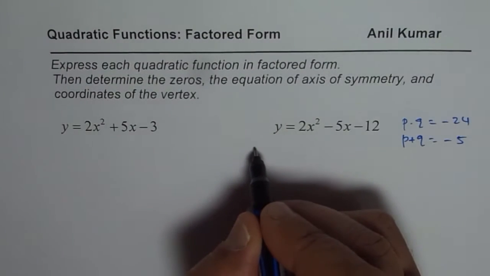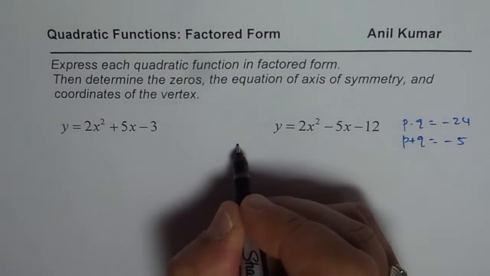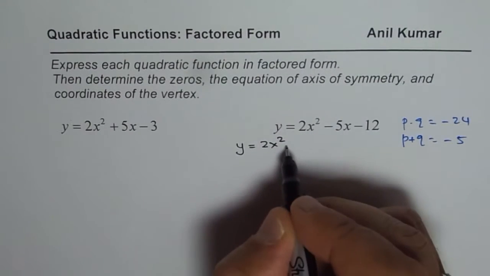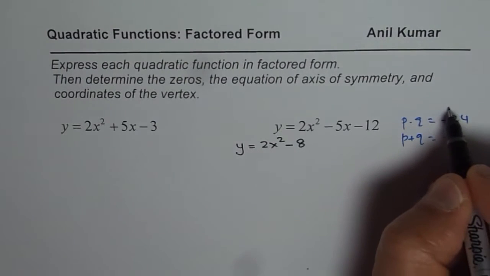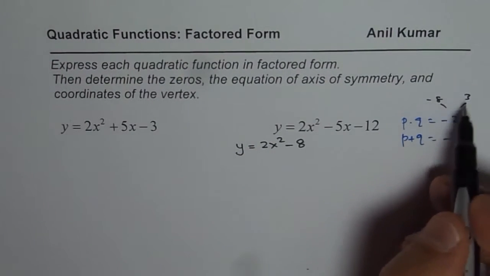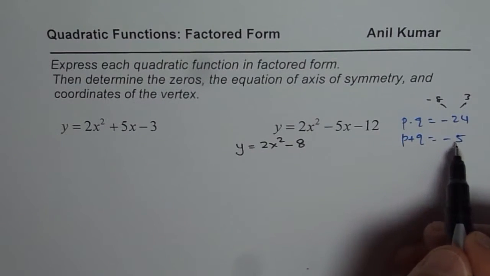So we could write this equation as y equals 2x squared, and instead of minus 5x, we'll write minus 8x plus 3x, correct? When you multiply them, you get minus 24, and when you add them, you get minus 5.